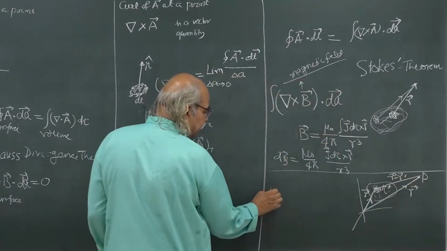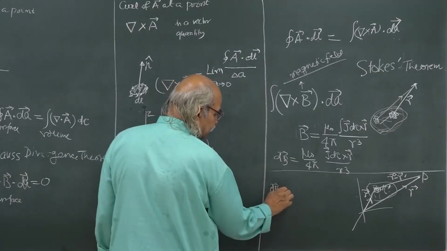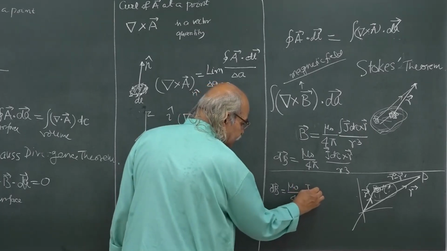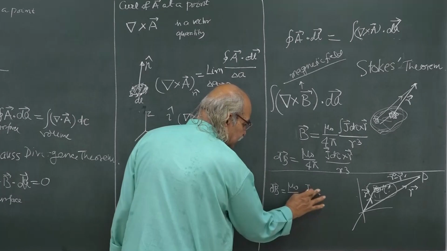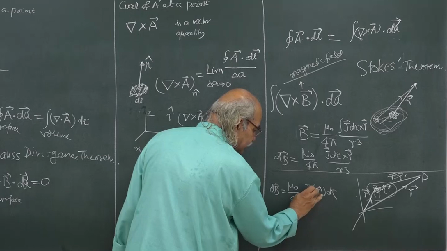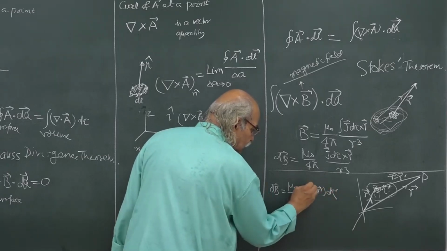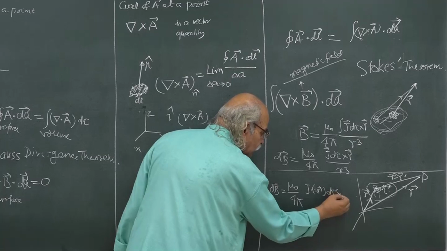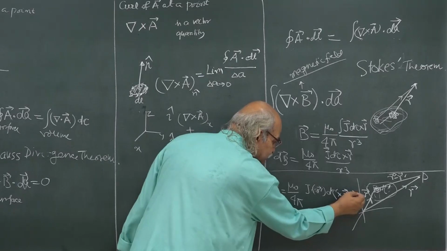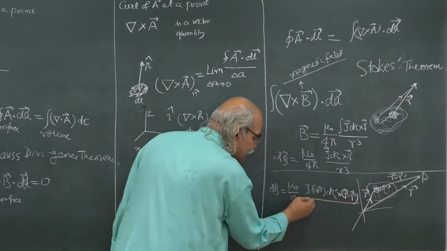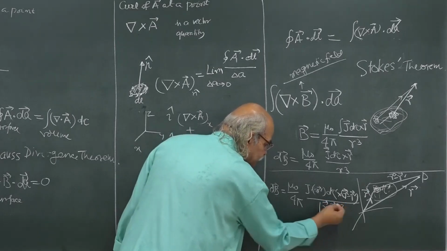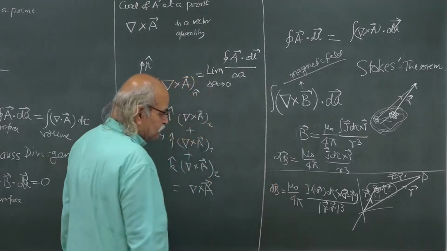And then this dB becomes mu naught over 4 pi, and then j d tau prime, j at r prime, d tau prime, this is your j, and then cross, this is r minus r prime, this vector, and then divided by mod of r minus r prime cube, and this is your dB.